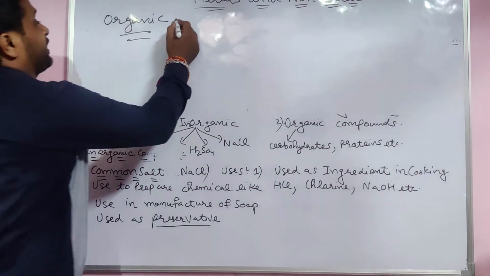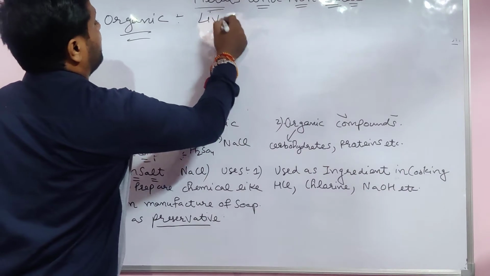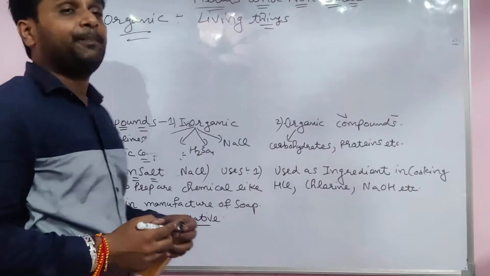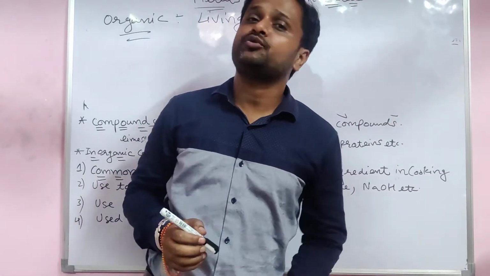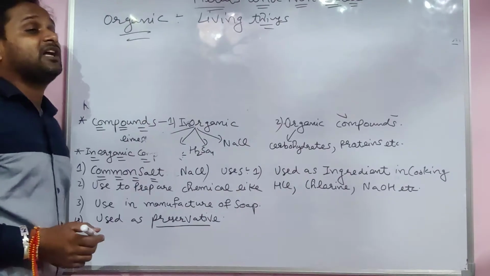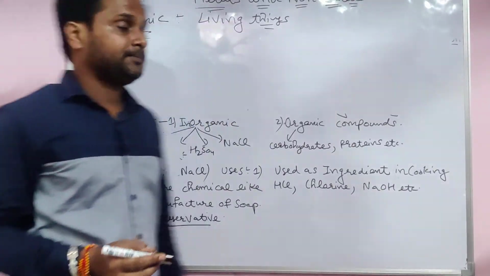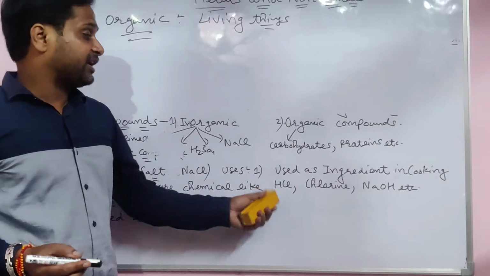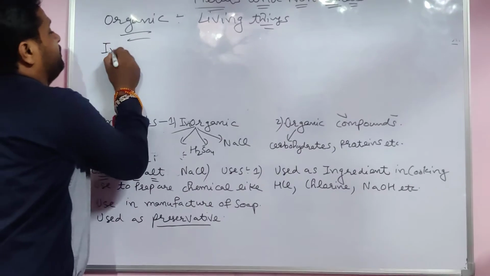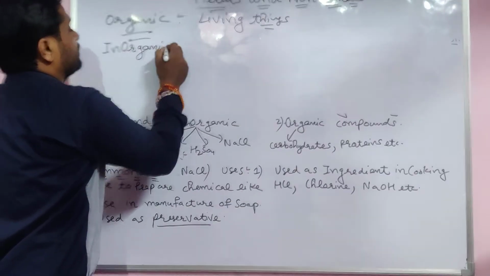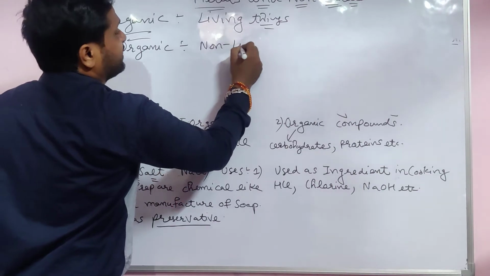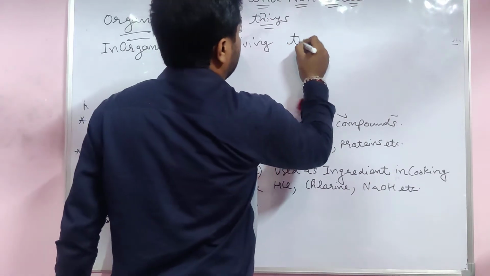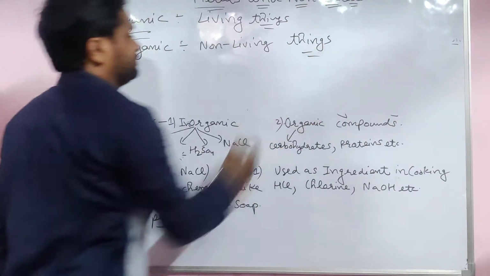The first definition: organic compounds are those made from living things. You can make the compound naturally or artificially using chemicals. Keep in mind, organic compounds are those made from living things, and inorganic compounds are those made from non-living things, students.